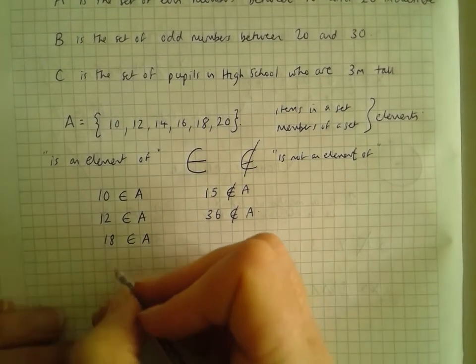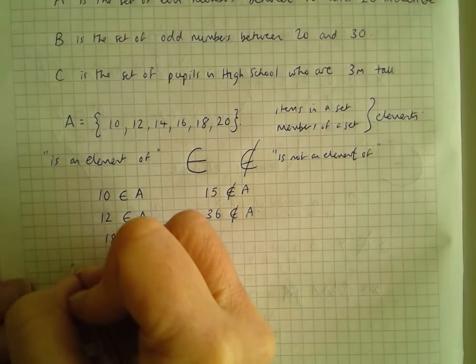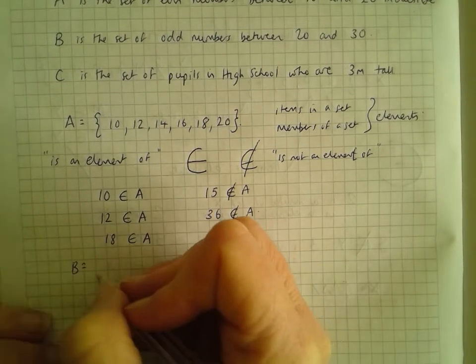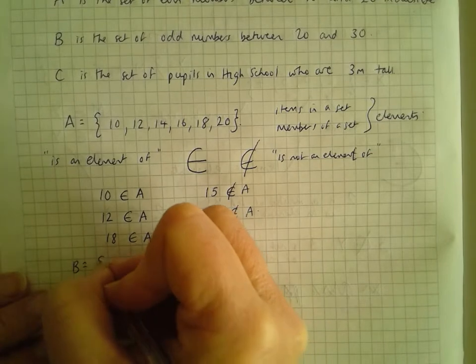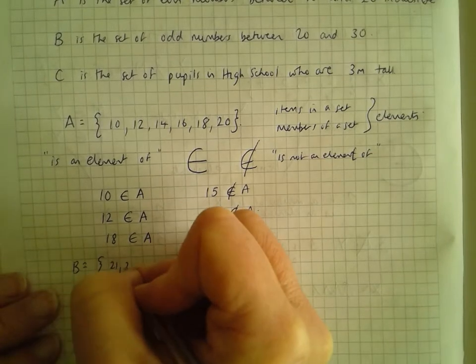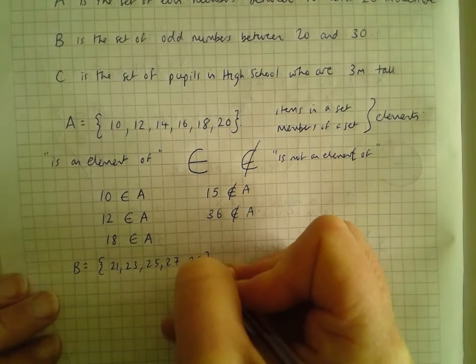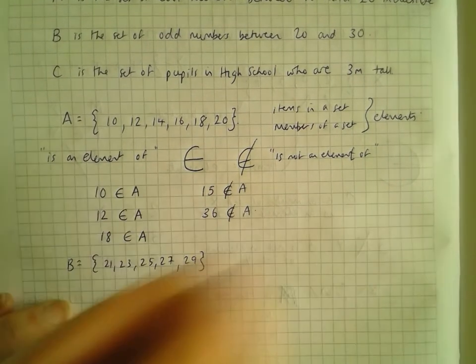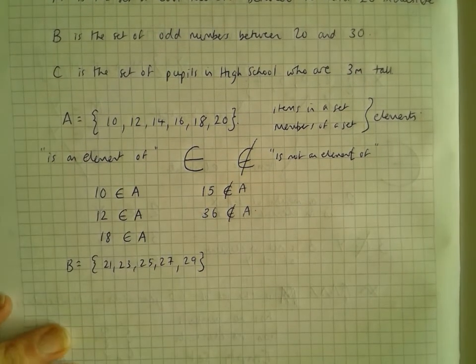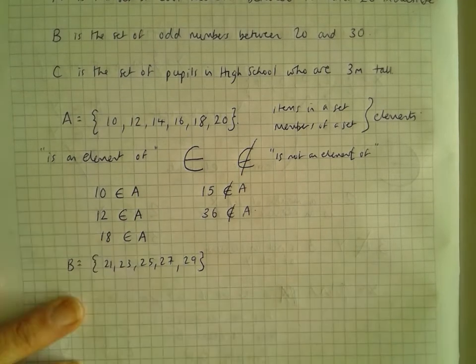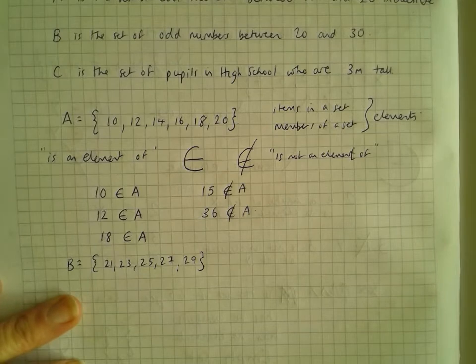Set B, let's just list what set B was. It was the set of odd numbers between 20 and 30. So set B would be 21, 23, 25, 27, 29. Obviously, it's a different set to set A. They have different elements in them. So if a set has different elements in it, then they are not equal to each other. We'll talk in a moment about what an equal set looks like.